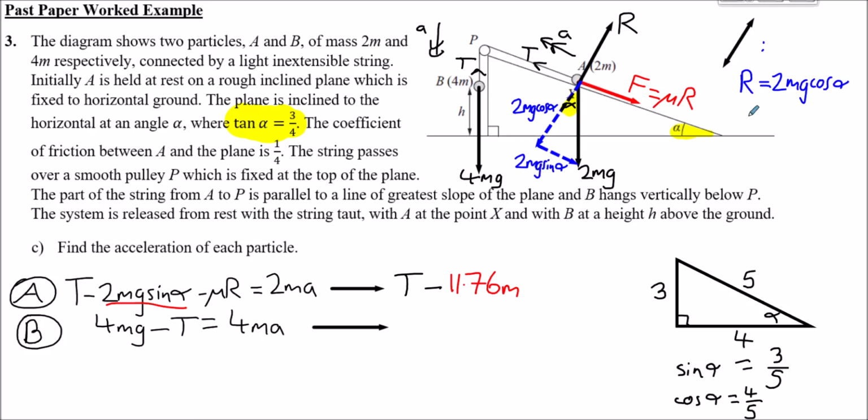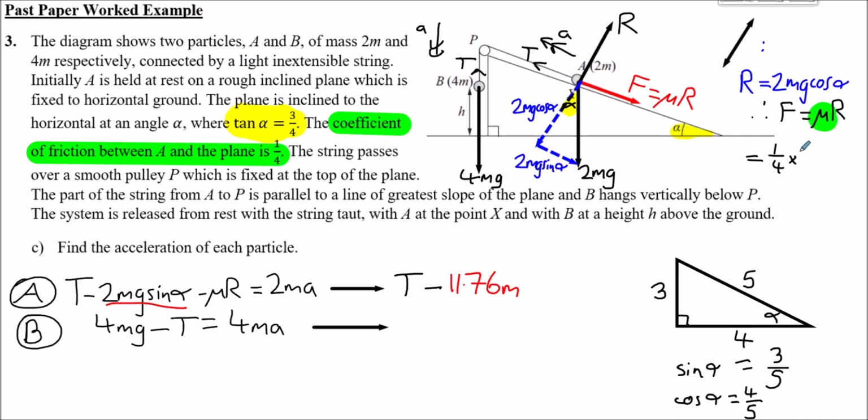Then from that, we can say that F, which is mu R, we know what mu is. Mu, the coefficient of friction, is 1/4. So if we were to do 1/4 multiplied by 2mg cos alpha and just get this neatened up and looking nicer, then that will make our job overall just easier. So let's do that.